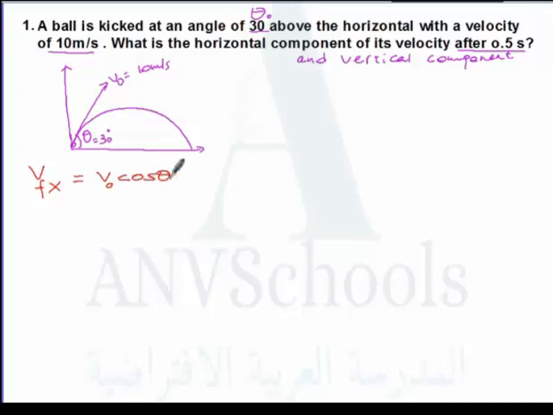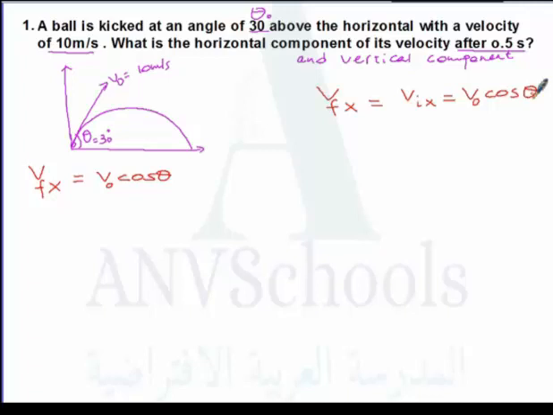Because in projectile motion, the final horizontal component of velocity is the same as the initial horizontal component of velocity, which is given by V0 cos theta. This is because the horizontal component of velocity is independent of gravity, or it is constant throughout the motion.